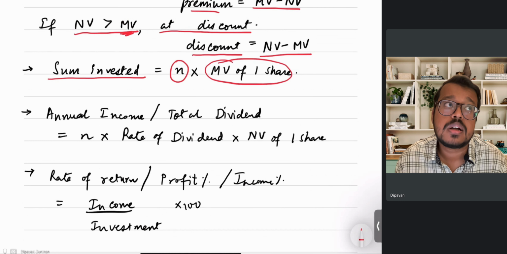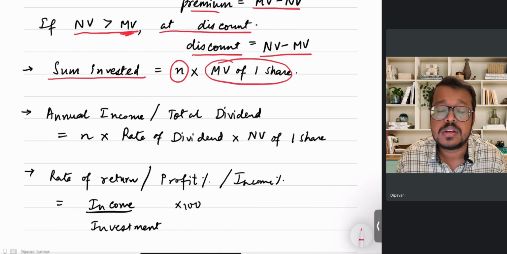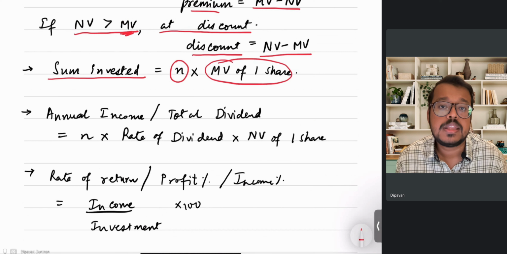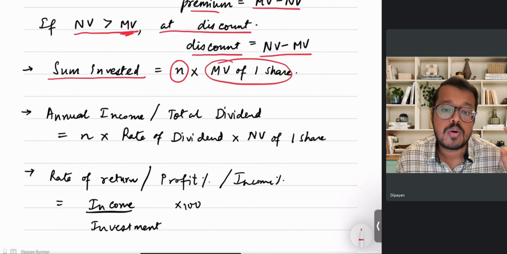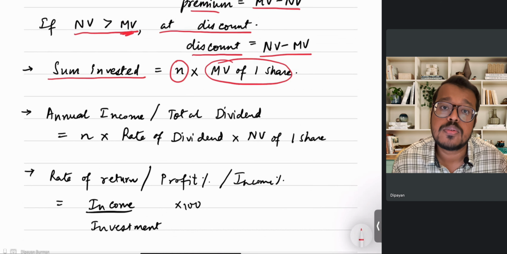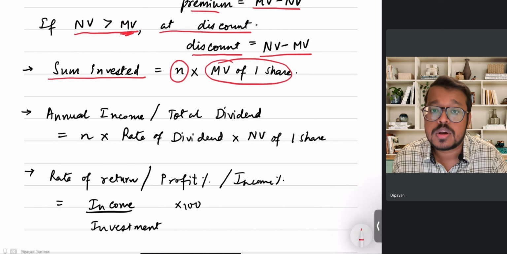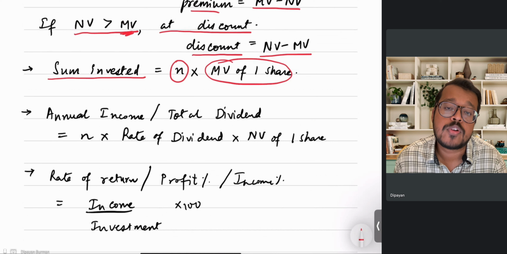Then the next thing is that if the company does well, depending on a lot of factors, the company can offer a dividend, which means that whatever profits the company has made, they can set a rate. They can say that we will offer this much percent on the nominal value of the share to our shareholders. So a shareholder can get income from investing in these shares.